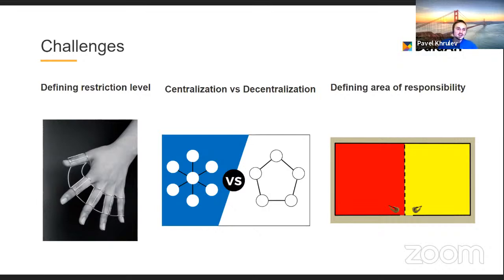And defining restriction level, what does it mean? We have a lot of policies. We have service control policies. We can follow the least privilege principle and deny everything, and just leave some small permissions they have to continue working in this account.